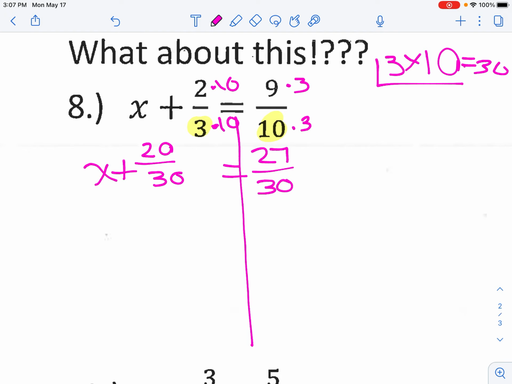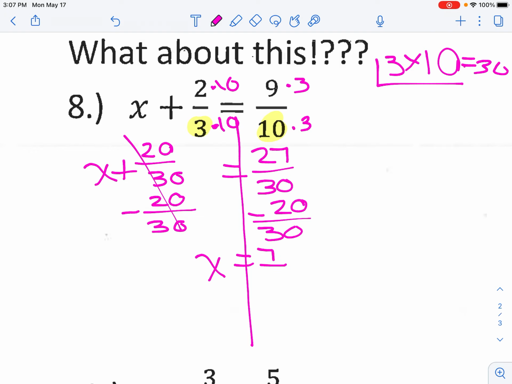Well, the opposite of 20/30 is negative 20/30. So I have to subtract the same fraction from both sides. Show your cancellation. 27 minus 20 is 7. So my solution for x is 7/30.